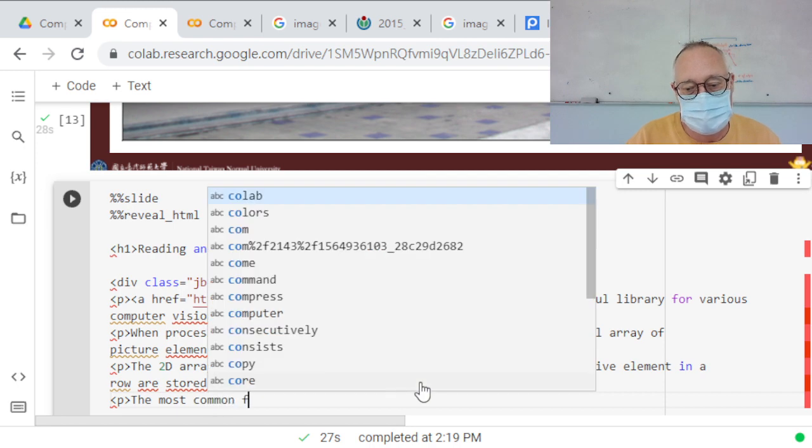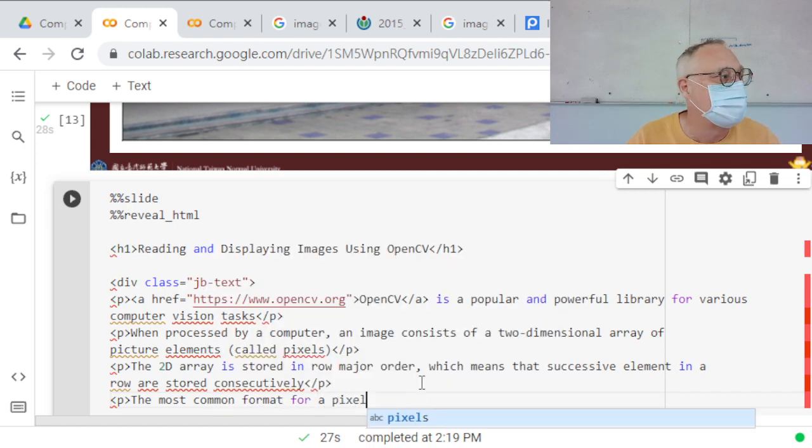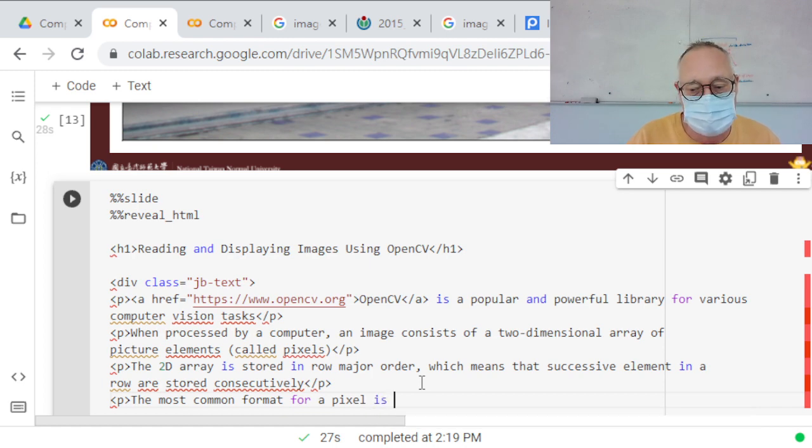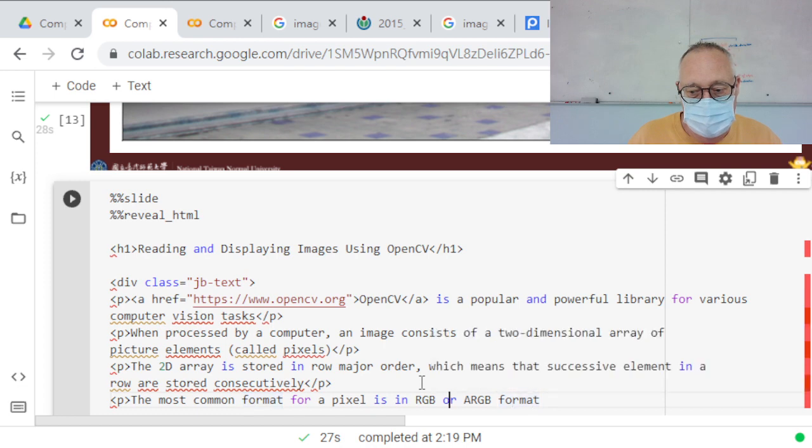The most common format for a pixel, and there are several, in computers nowadays is RGB or ARGB format. Here you're dealing with 24 bits. With ARGB, you'll be dealing with 32 bits.